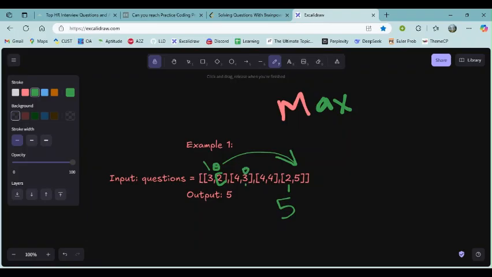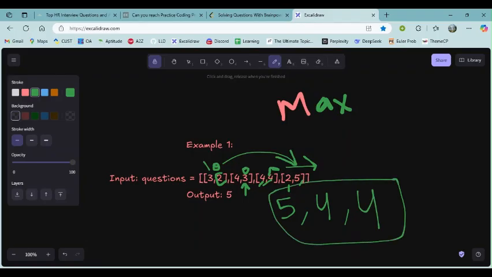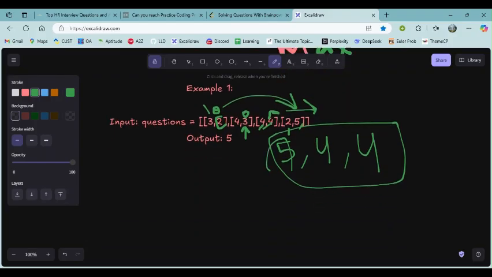And if I take this, I cannot solve the next 3 problems because of this brainpower, so the sum will be 4. And if I solve this, I cannot solve the next 4 problems, and those don't exist, so we cannot earn more than 4. So the maximum points out of 5, 4 and 4 will be 5.